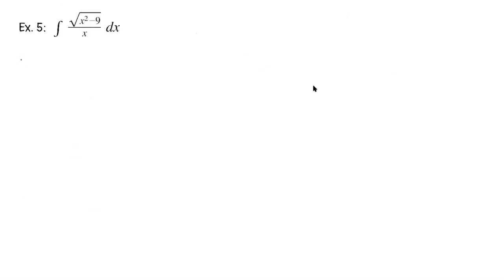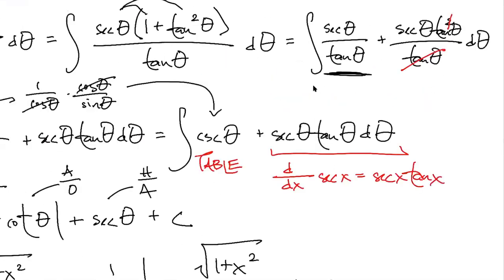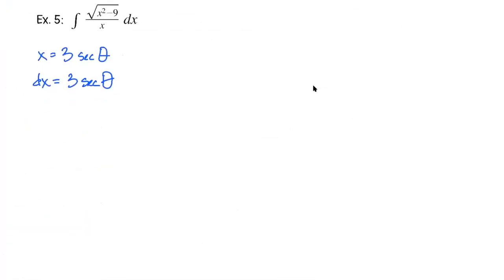So I see the x squared before the minus sign, so I'm thinking secant, not sine. So I get 3 secant theta, and then I'm going to find my dx at the same time. So I'm going to get 3 secant theta tangent theta d theta.